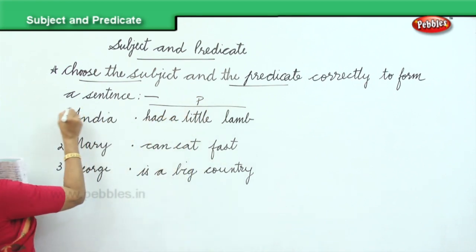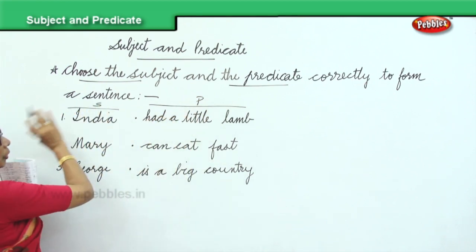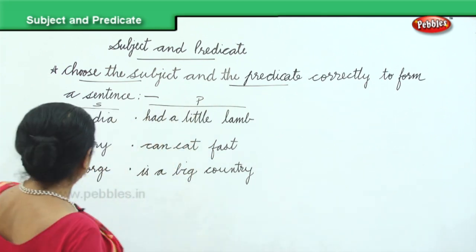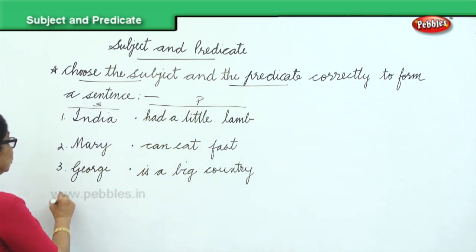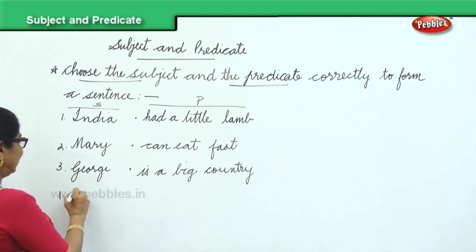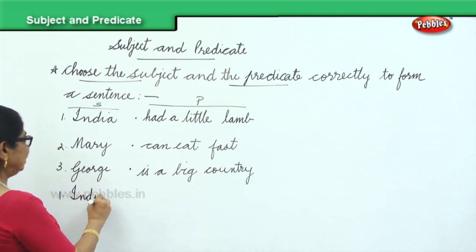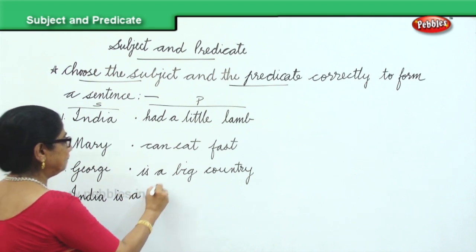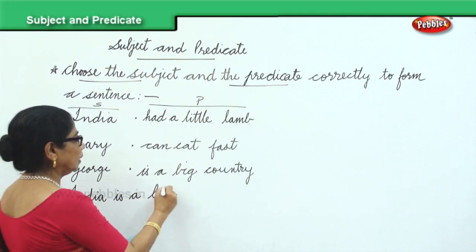Now you match it to get the sentence correctly. The first one: India is a big city. India is a big country, sorry. India is a big country.